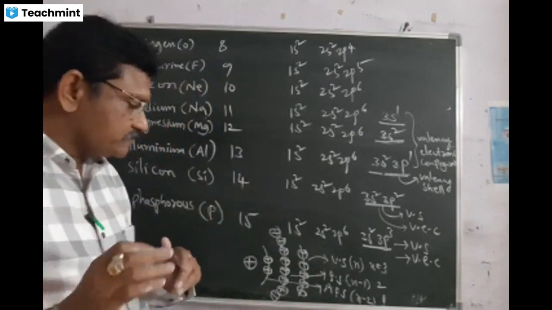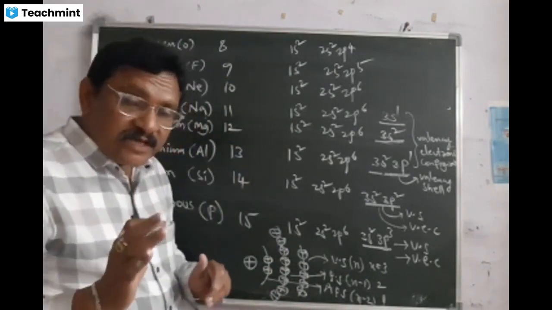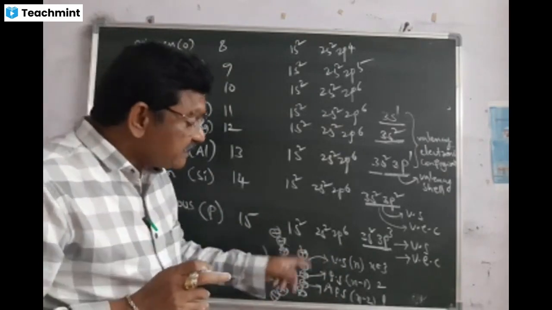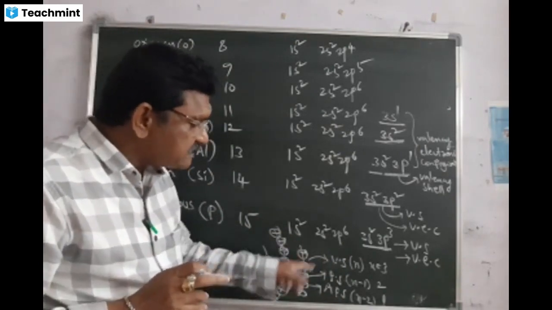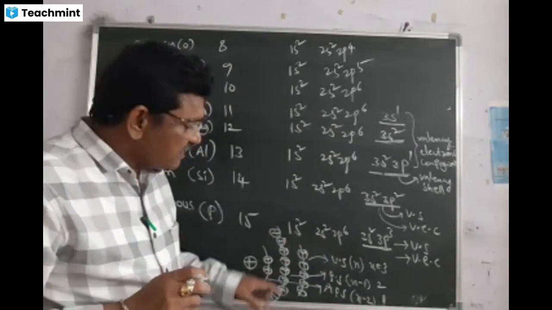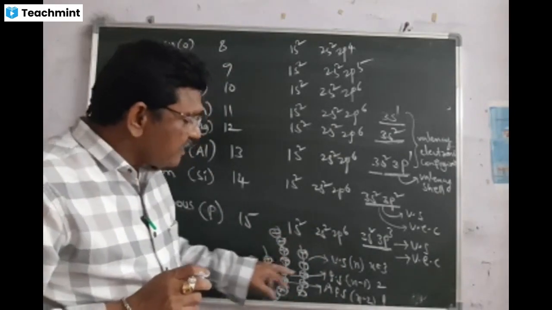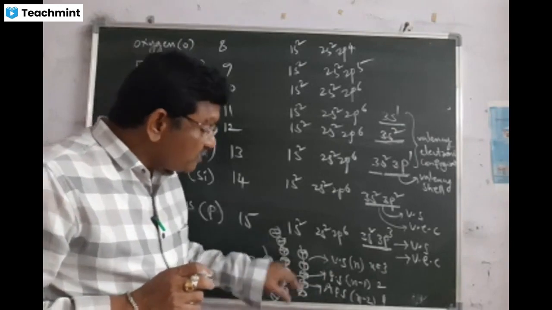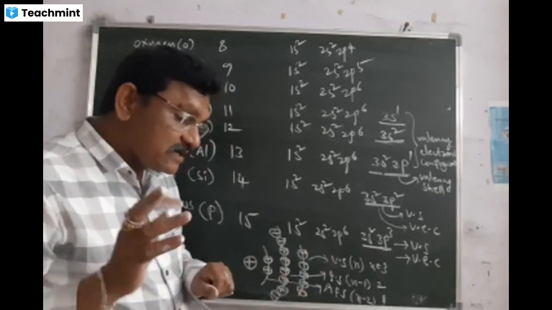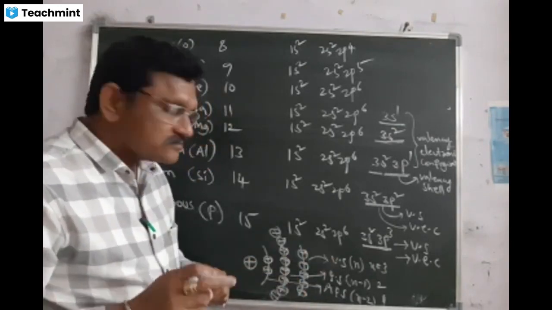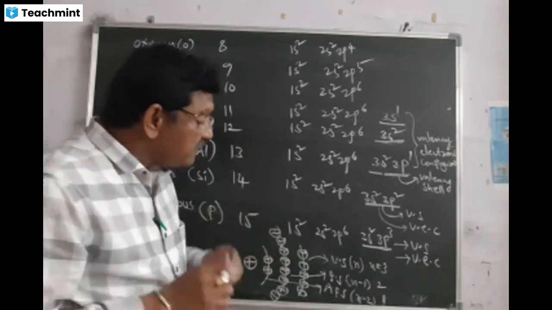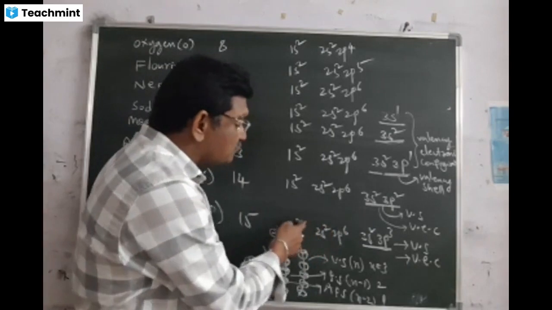Yesterday I told you, but have you remembered or not? The electrons present in the outer orbit or valence cell are called valence electrons. Whatever electrons are present in the penultimate cell and anti-penultimate cell are called core electrons. So how many core electrons are there? 6 plus 2, 8 plus 2, 10 core electrons.